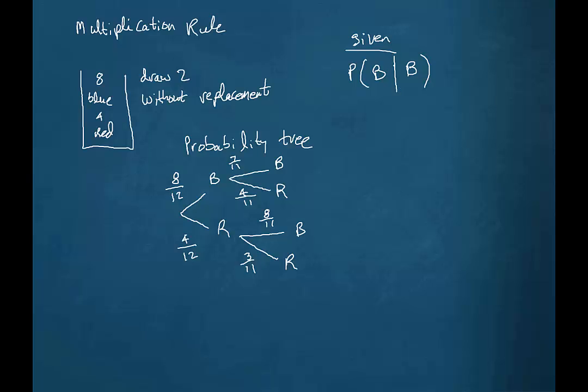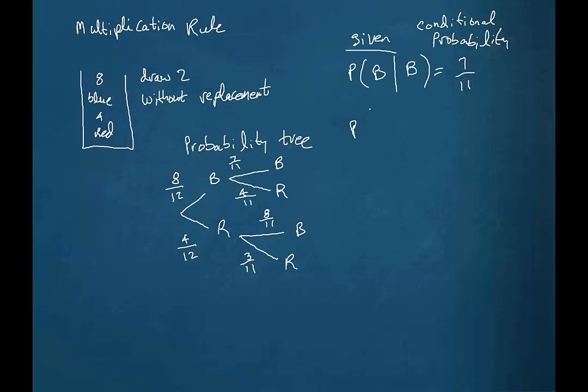So we interpret the vertical line with the word given, and this particular form is called a conditional probability. So this notation means I have a conditional probability, and this particular conditional probability, the probability that I would draw a blue block, given I drew a blue block on the first draw, is 7 out of 11. We can read it right off the tree there.